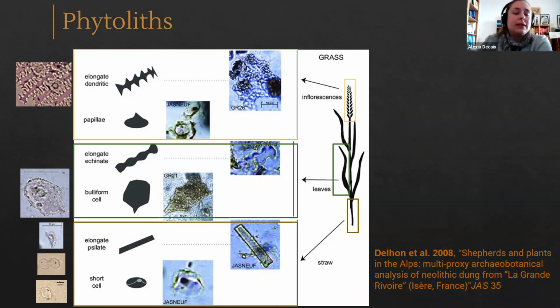And this is very interesting because this can give information about certain archaeological structures. For example, if we find them on a grinding wheel, it indicates the crushing of grain. And the bulliform cells are also from the leaf. They allow the opening and closing of the leaves, and they're very interesting because they indicate aridity.